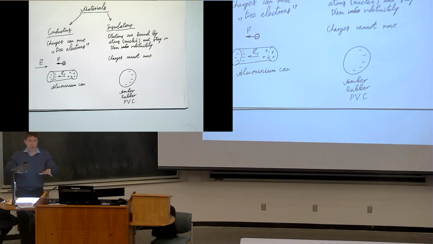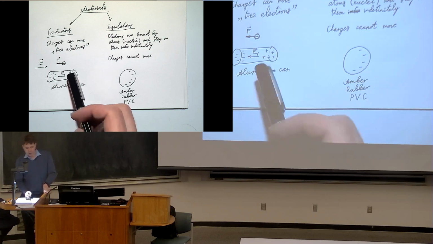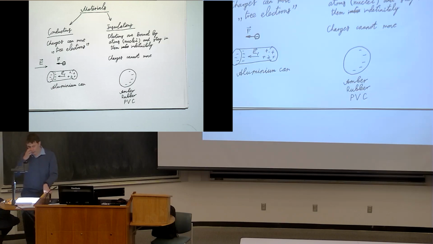So the charges inside the conductor move in such a way that they counter the external electric field. And when the system comes to equilibrium in this external field, then the field everywhere inside it has to vanish, because if in equilibrium it doesn't vanish, it means that the charges will be just moving there, and we haven't arrived in equilibrium. Does that make sense? Yes. All right, so we have 5 seconds left. I think that's a good point to stop.